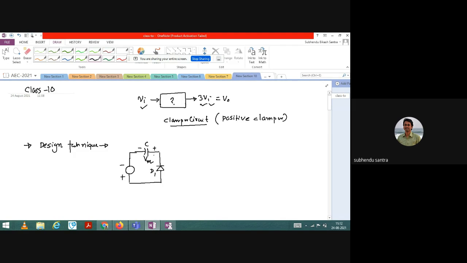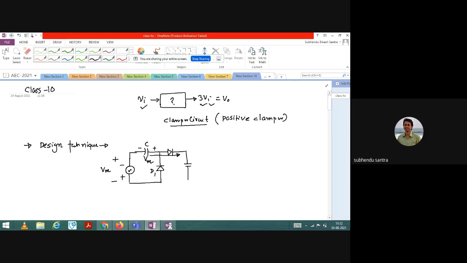Now when the input voltage goes positive, because it is a sinusoidal voltage, sometimes positive, sometimes negative, in the positive half the maximum voltage is Vm, and here also Vm. This Vm plus Vm, if you add one diode here, this diode becomes forward biased and can charge a capacitor.